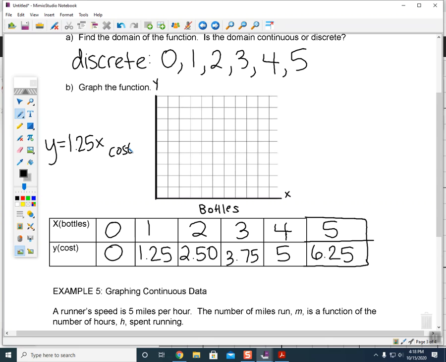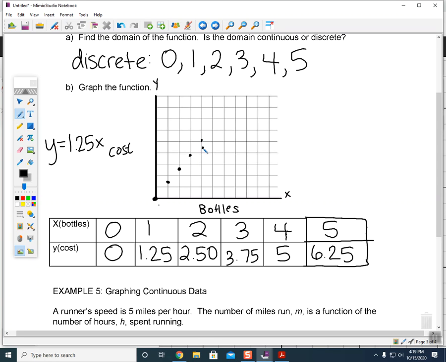Okay, so I'm going to have a point at 0, 0. This might not work very well. We'll try though. Okay, 0, 0. 1, 1.25, so 1, 1.25 is here-ish. 2, 2.5. 3, 3.75 up here somewhere. 4, 5.